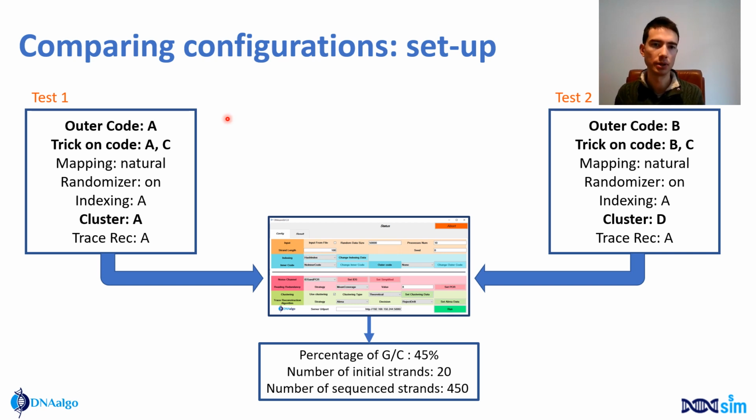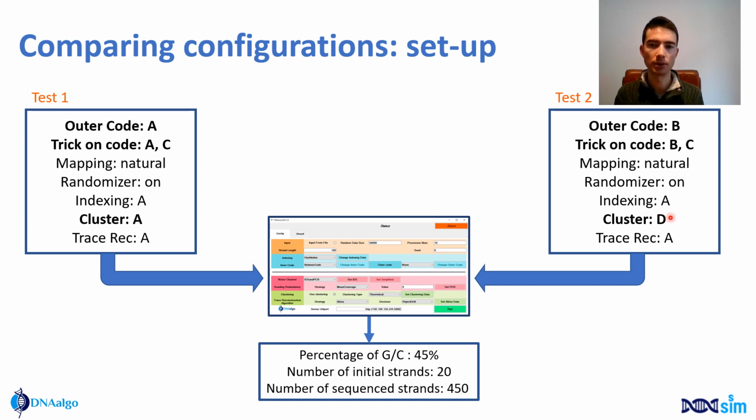So we choose outer code A for test 1, while outer code B for test 2. Then we perform some tricks on code. So let it be A and C for test 1 and B and C for test 2. Then we have some common parameters, and then we have a different type of clustering. So clustering type A for the first test, type B for the second one.